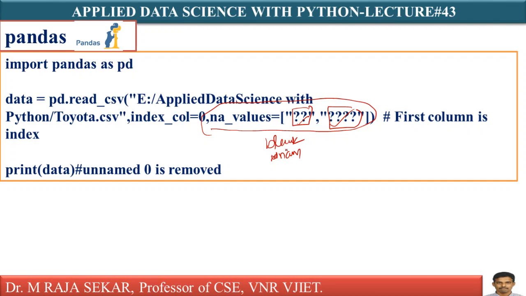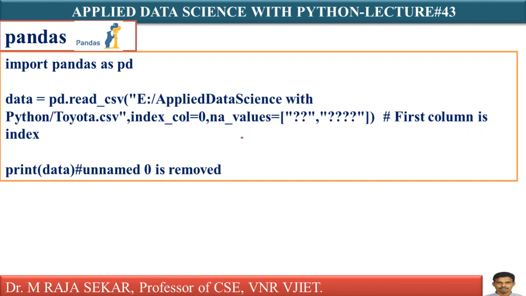It basically says consider all those values as null values. Which values are null values? The double question mark and 4 question marks can be treated as null values because of this particular na underscore values. Those null values will be assigned nan by Python.